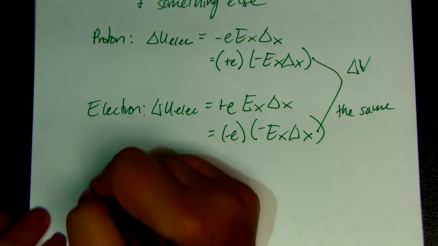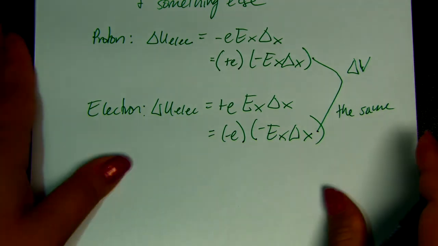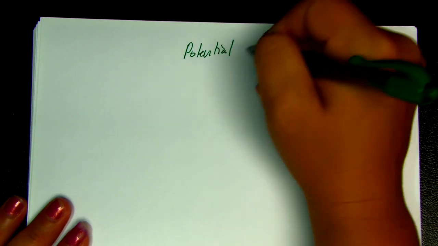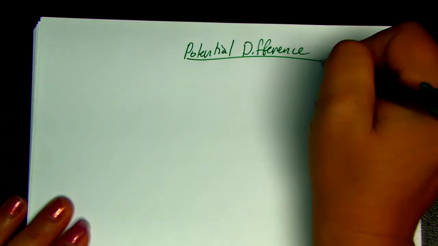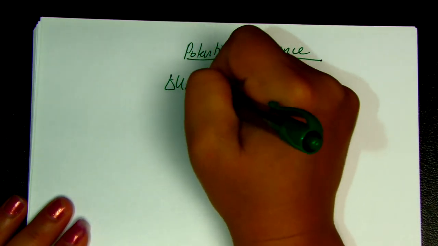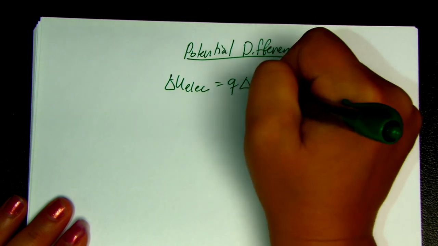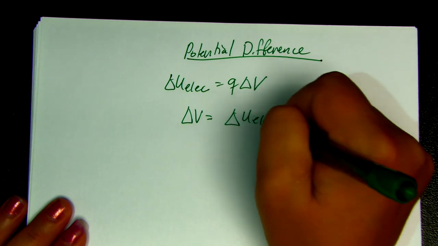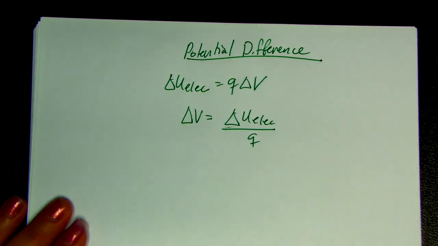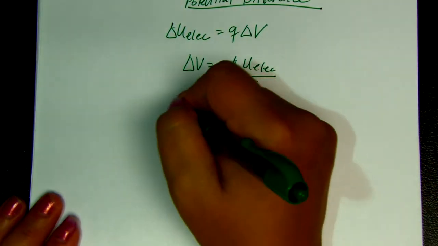So let's write this out explicitly. So potential difference: delta U electric is equal to Q delta V, and delta V is equal to delta U electric over Q. And let me introduce a new unit.